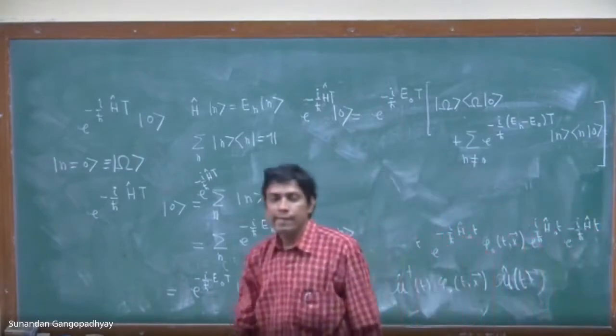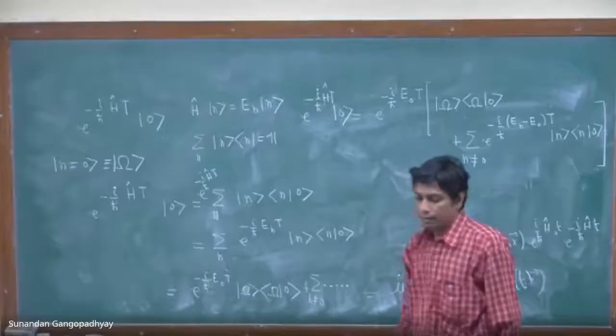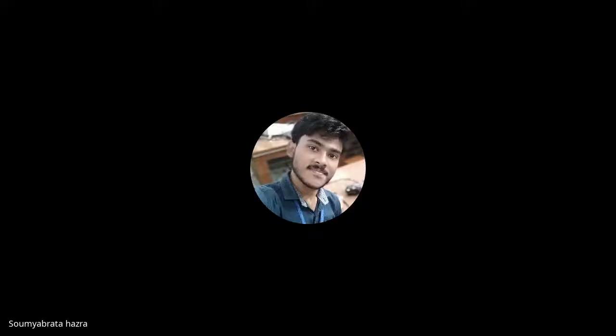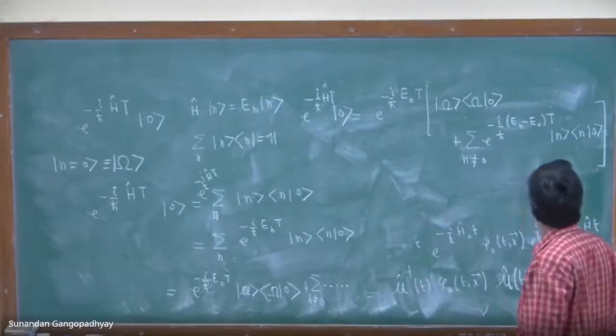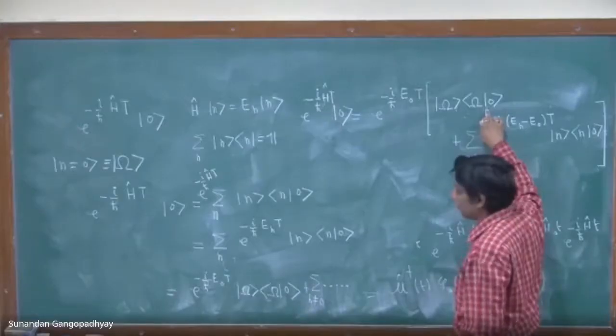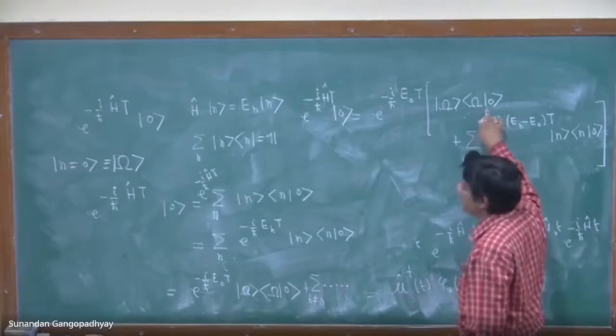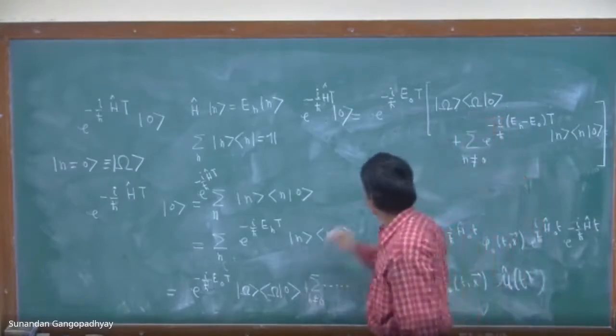Sir, that inner product with omega and 0, should not that be 1? I mean, they are the same state. Which one? That first term you have written, ket omega, then inner product with omega and 0. No, this is not the same state. See, this ket, I've defined it earlier for you.